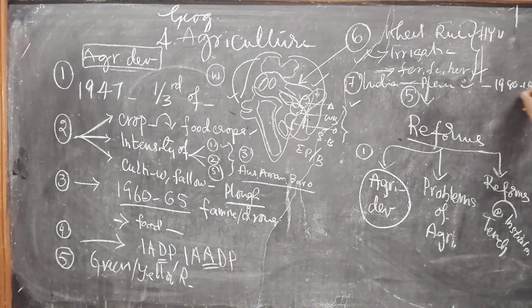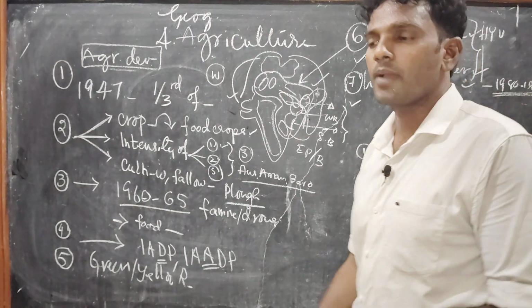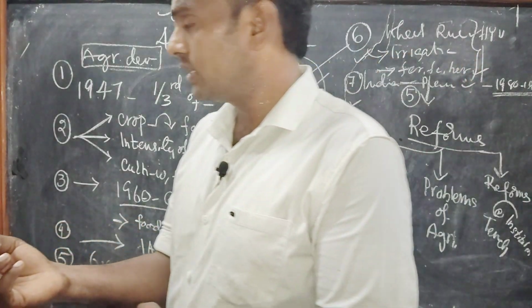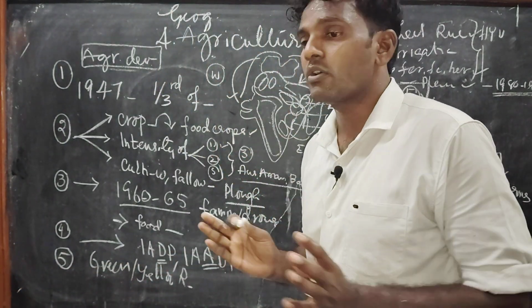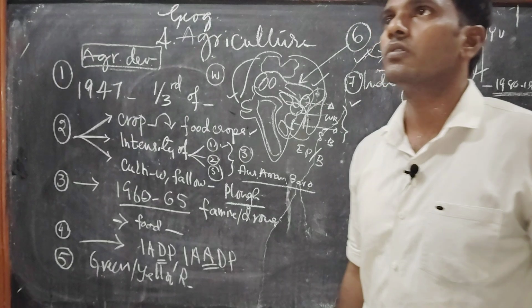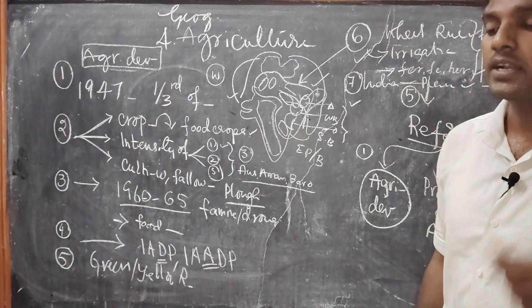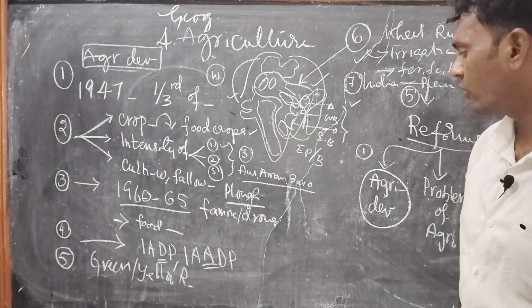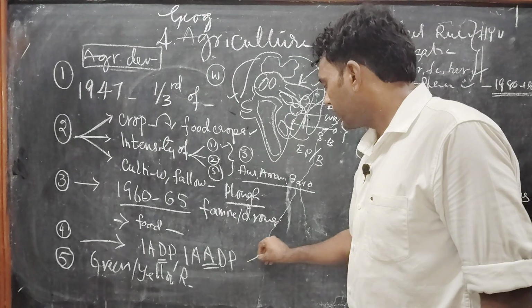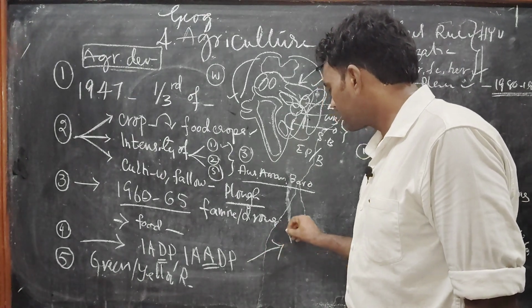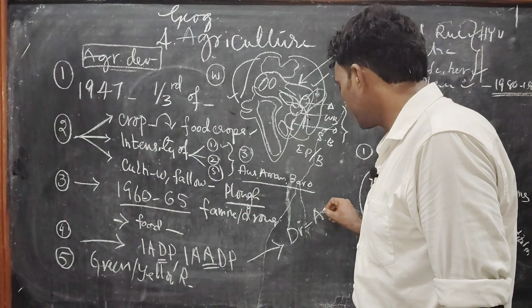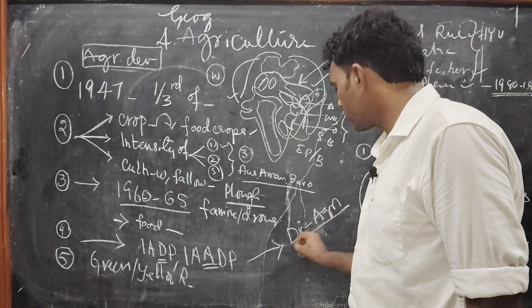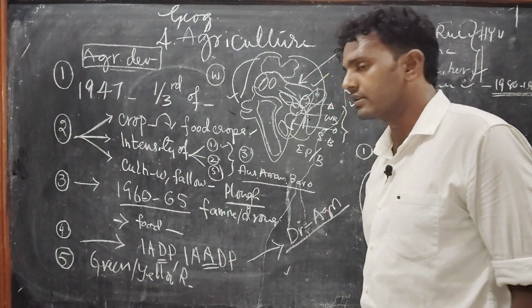Comprehensive agriculture development also happened. This is about agriculture development in India. And they also focused on one more important point, that is diversification of crops, diversification of agriculture. Diversification of agriculture means they focused on other allied agriculture activities.